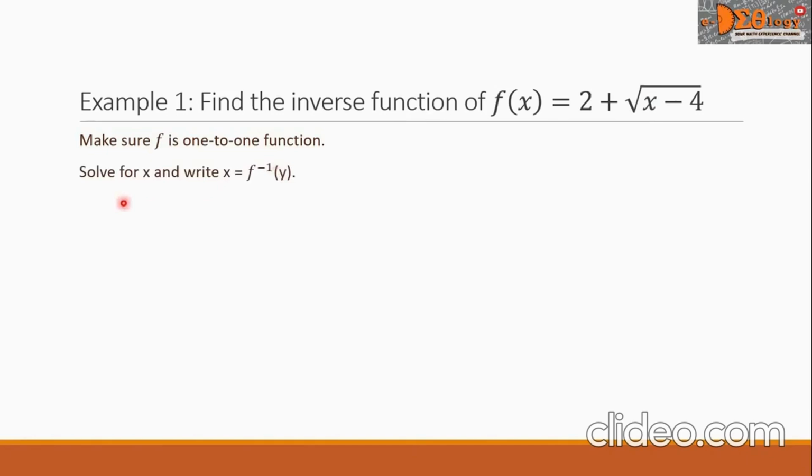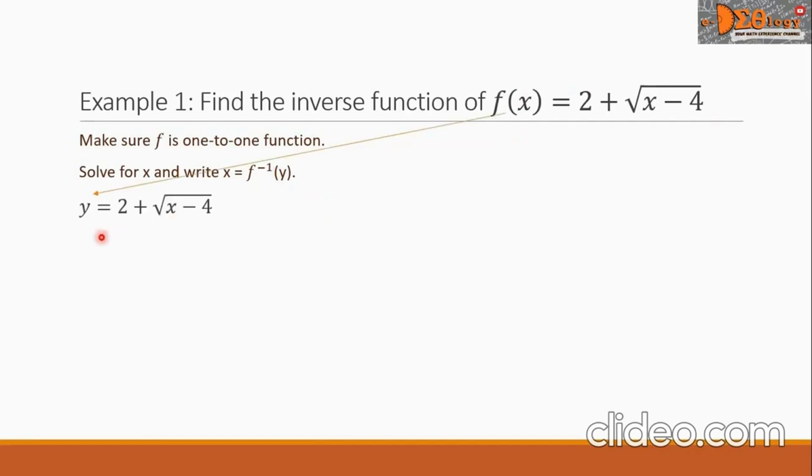Now, step 2 says solve for x and write x equals f inverse of y. I'm going to copy this function in here, but instead of the symbol f of x, I will change this into y.